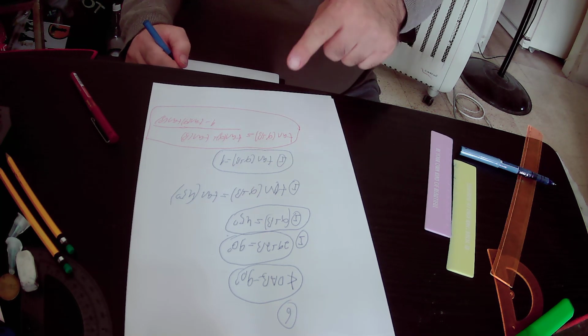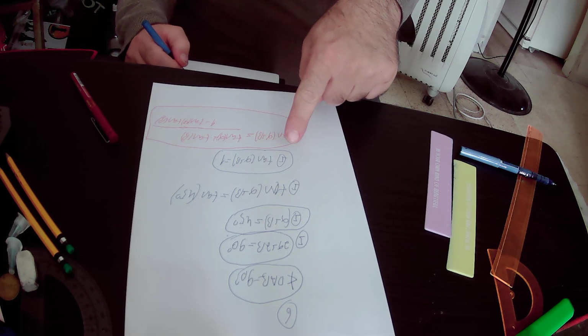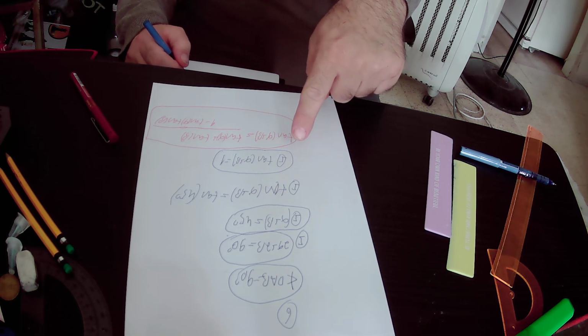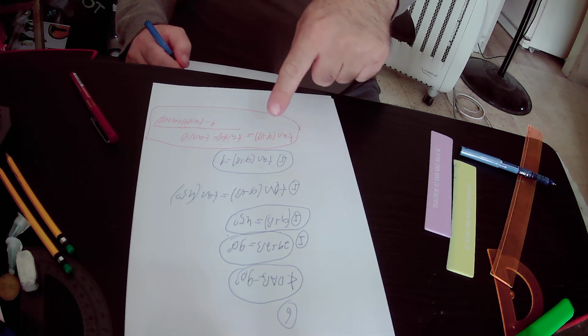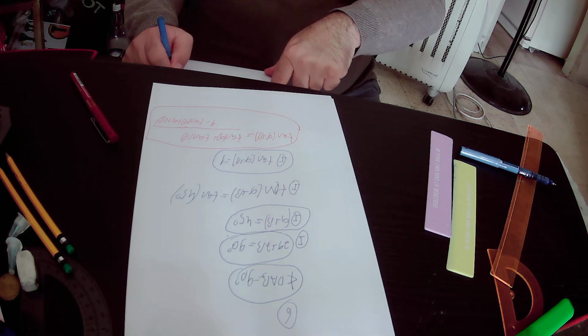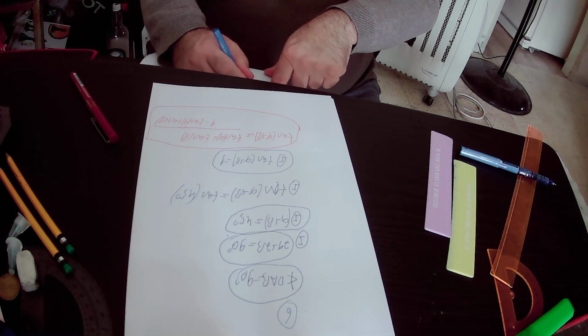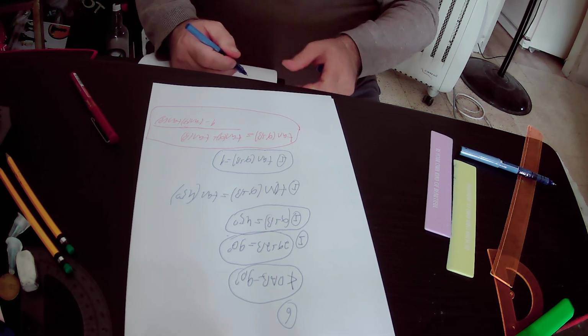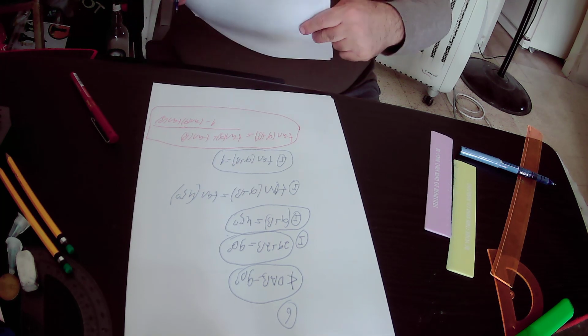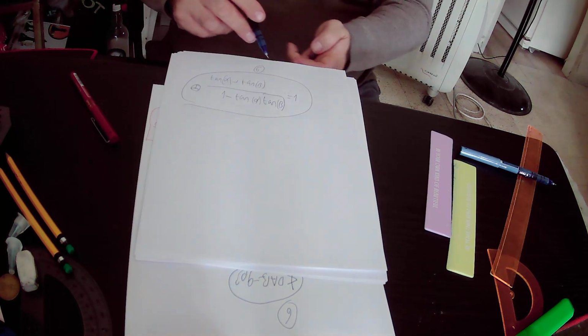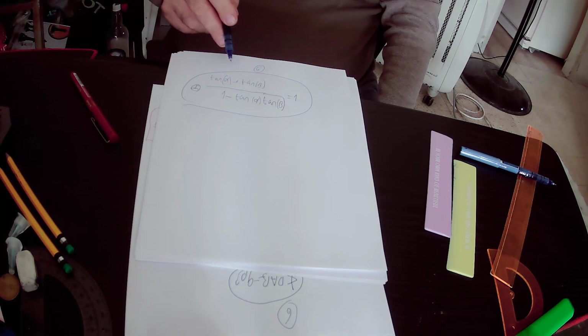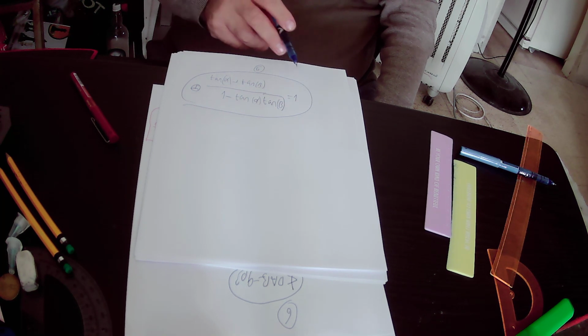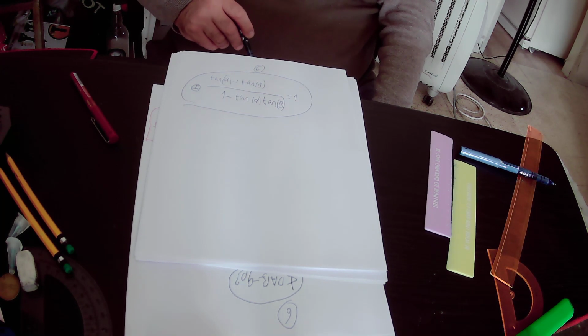Okay, and according to equation number 1, tangent of alpha plus beta equals 1. So we got this equation number 1 that states that the value of tangent of alpha plus beta equals 1.